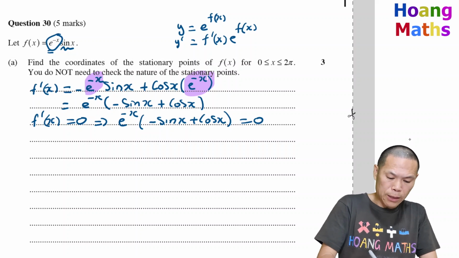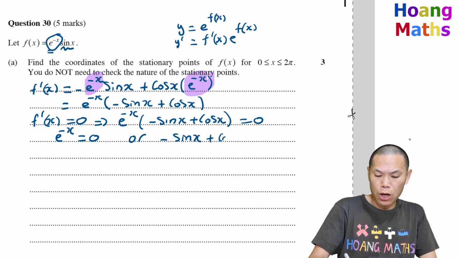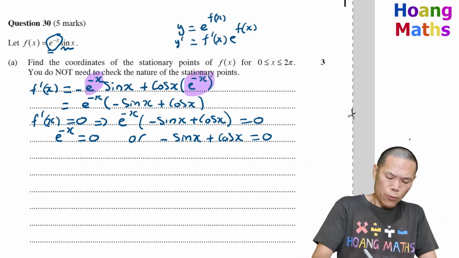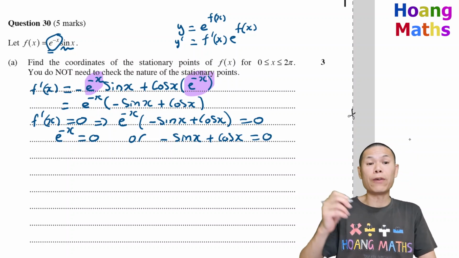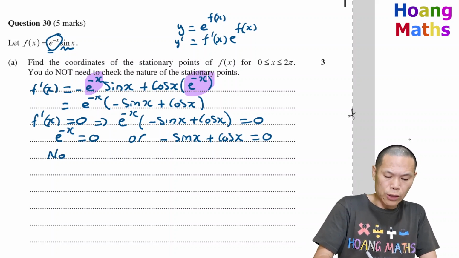So now that means e to the negative x is equal to 0, or negative sine x plus cos x is 0. We know that e to the negative x is never equal to 0, so no solutions for this one.